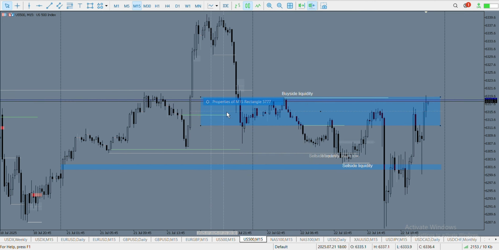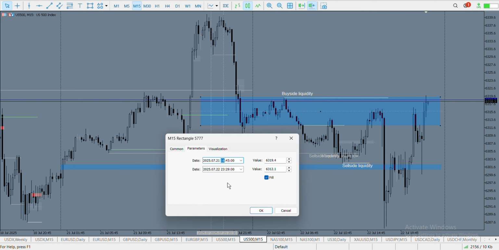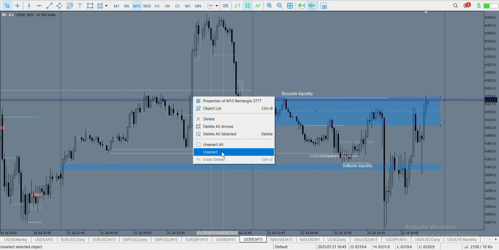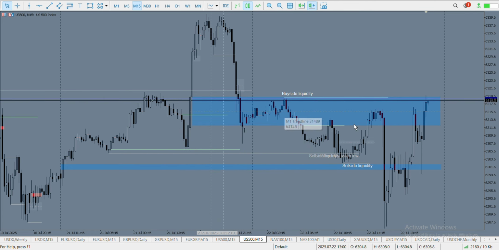This candlestick is 4:30. So you can see how we ran this inefficiency, ran this high out.